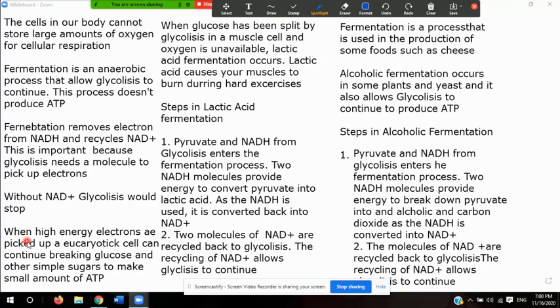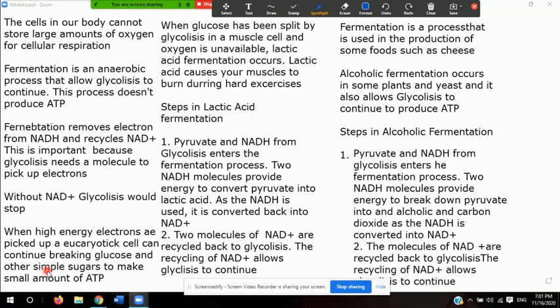So another thing, the importance of this, is that when high energy electrons are picked up, a eukaryotic cell can continue breaking down glucose and other simple sugars to make small amounts of ATP.